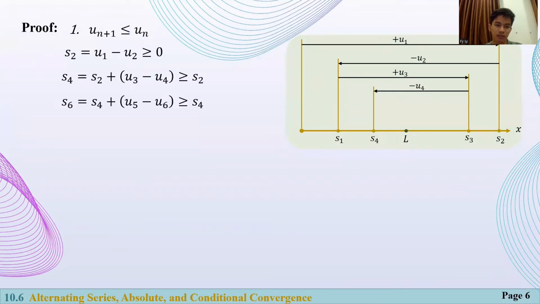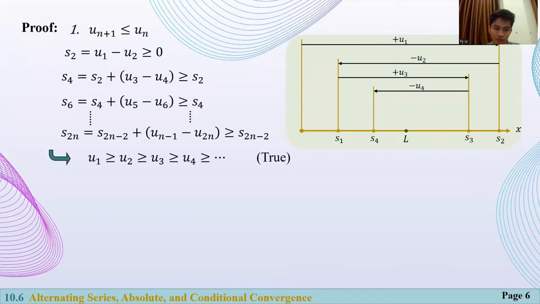And let's continue the same way, s sub 2n equals s sub 2n minus 2 plus u sub 2n minus 1 minus u sub 2n, greater than or equal to s sub 2n minus 2. So in this case, we can conclude that u sub 1 is greater than or equal to u sub 2, greater than or equal to u sub 3, and greater than or equal to u sub 4. So this is true.